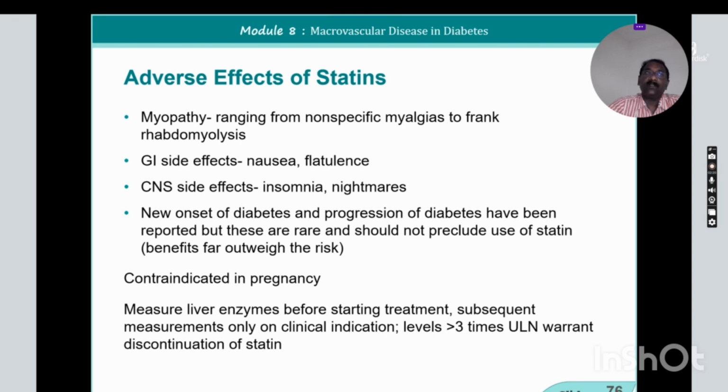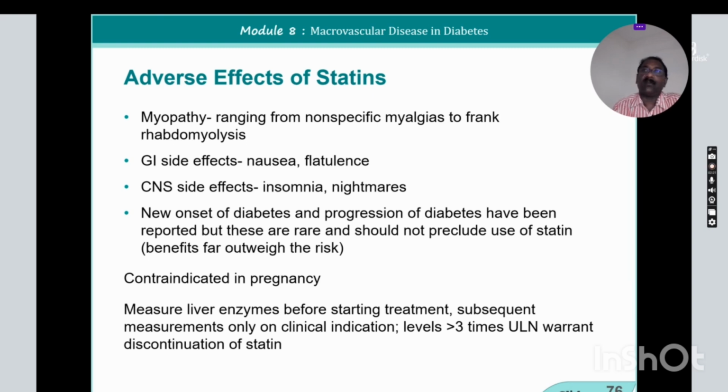Okay, so this is very, very important. So the same thing: new onset diabetes, contraindicated in pregnancy. The other thing is to measure the liver enzymes in statin therapy before starting the treatment. Subsequent measurements only on clinical indication; levels more than 3 times the upper limit of normal warrant discontinuation of the statins. So on statin therapy, get the SGPT, SGOT done.